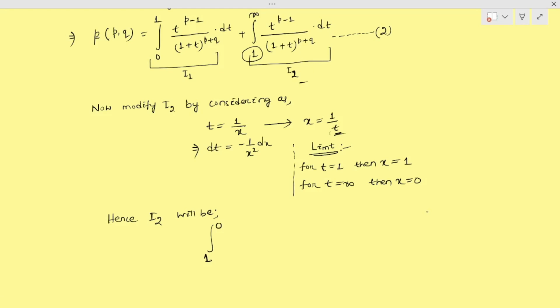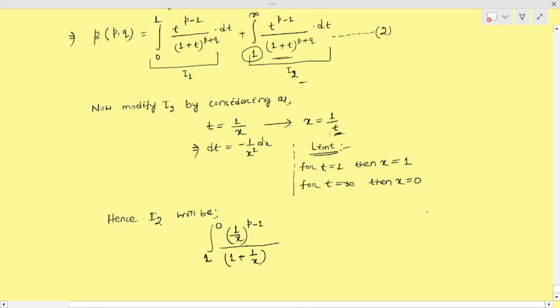Instead of t we have to write 1 by x, (1 by x) to the power p minus 1, whole divided by 1 plus t to the power p plus q. Here 1 plus t means 1 plus 1 by x, we have to substitute, to the power p plus q.